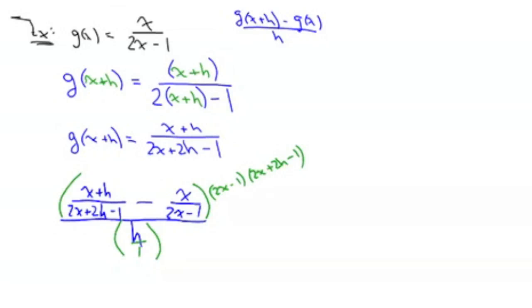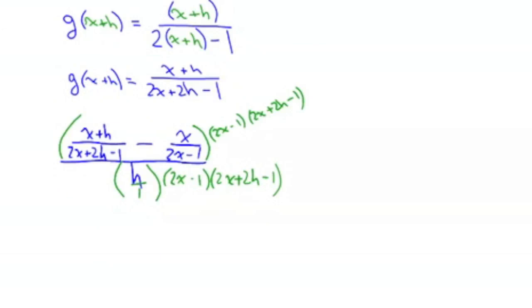But whatever you do to the top, you have to do the same thing to the bottom, because by doing that, you're just multiplying by a fancy 1. And 1 times anything is itself. All right, when you distribute these two chunks to that first piece, what goes away? The 2x plus 2h minus 1. They're exactly the same, so they'll cancel out.